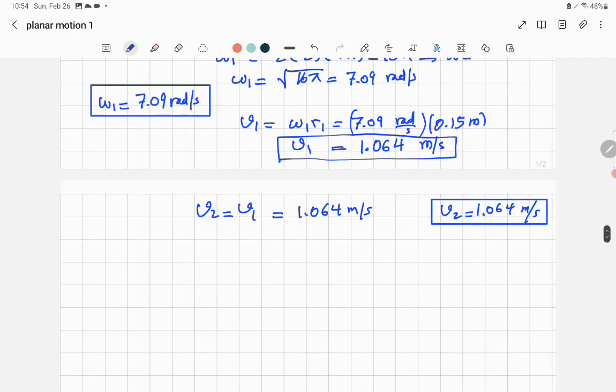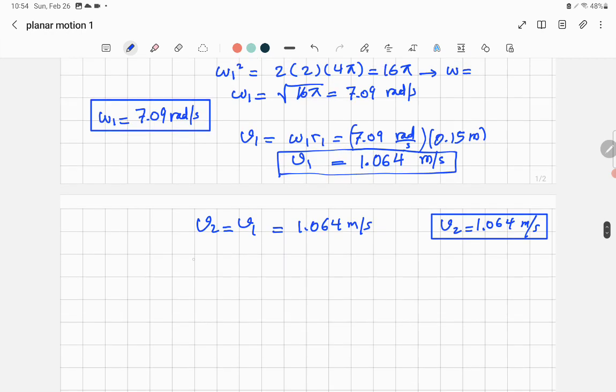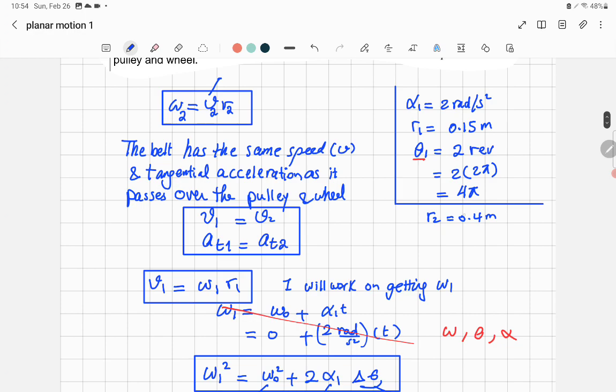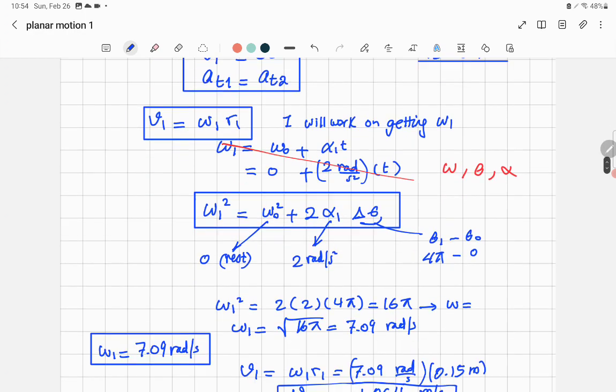Well, if you have V2, you can get omega 2 because we don't know omega 2. We know that V2 is equal to omega 2 R2. So omega 2 is equal to V2 divided by R2. In this case, omega 2 is equal to 1.064 meter per second divided by R2. The radius is equal to 0.4 meter.